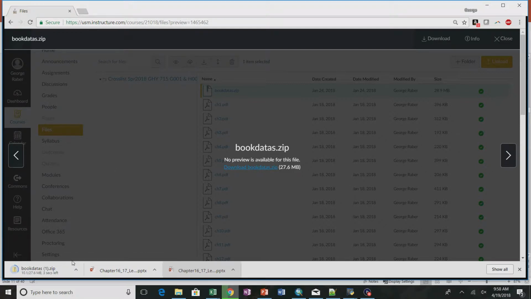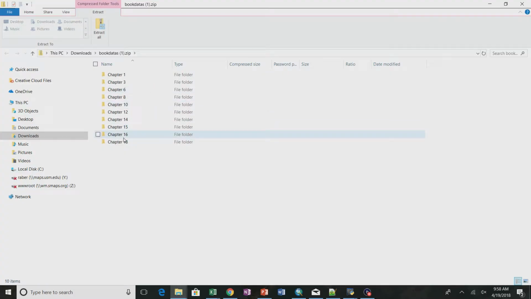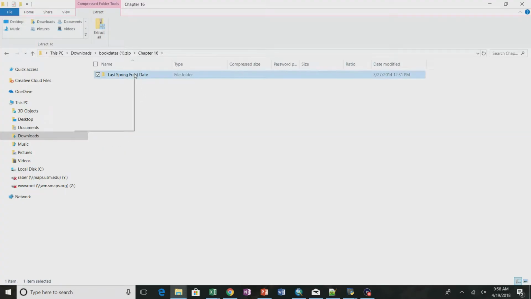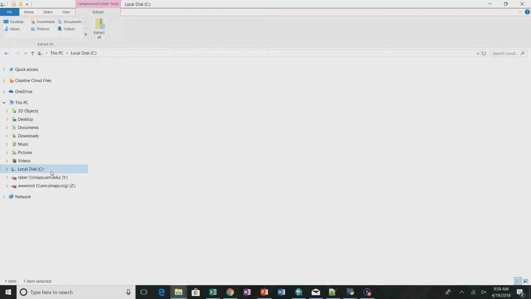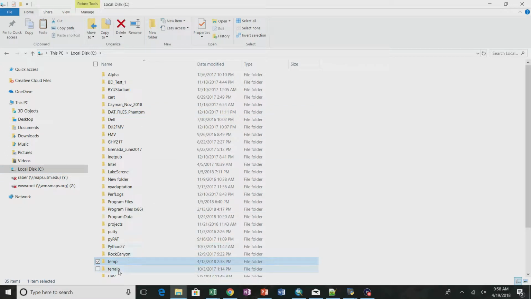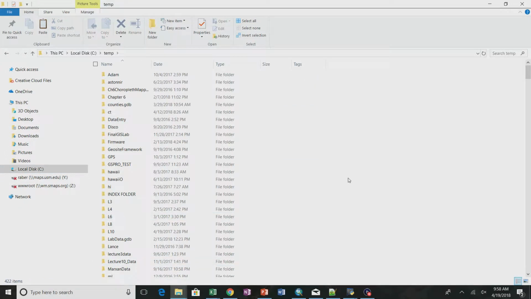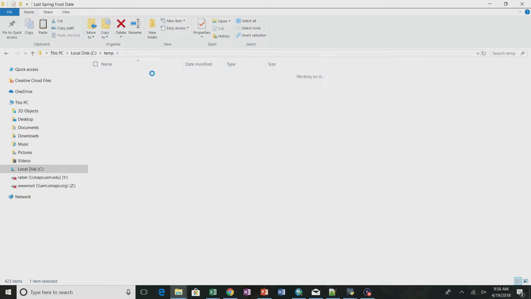The frost-free day data. Open. Chapter 16. Last spring frost. Put that in C temp. And open it.